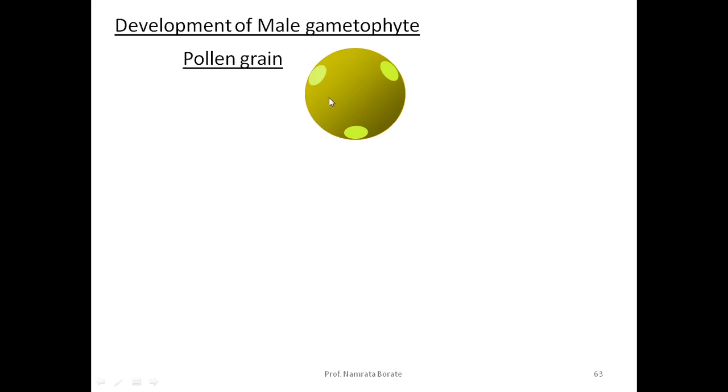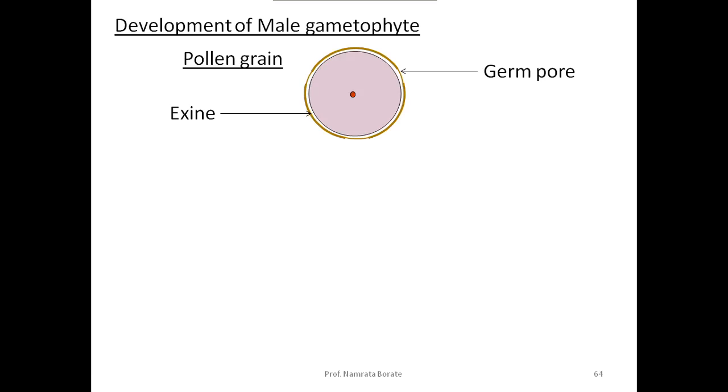This pollen grain shows an outer layer known as exine, thin areas known as germ pore, and inside it the inner wall layer called intine. Inside it, there is a nucleus surrounded by cytoplasm.